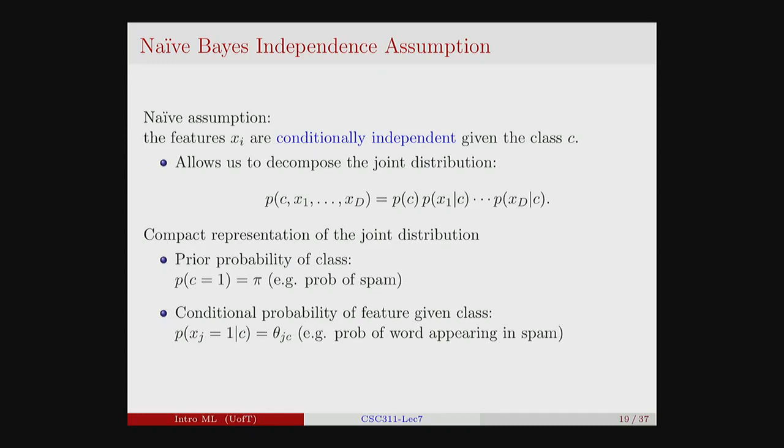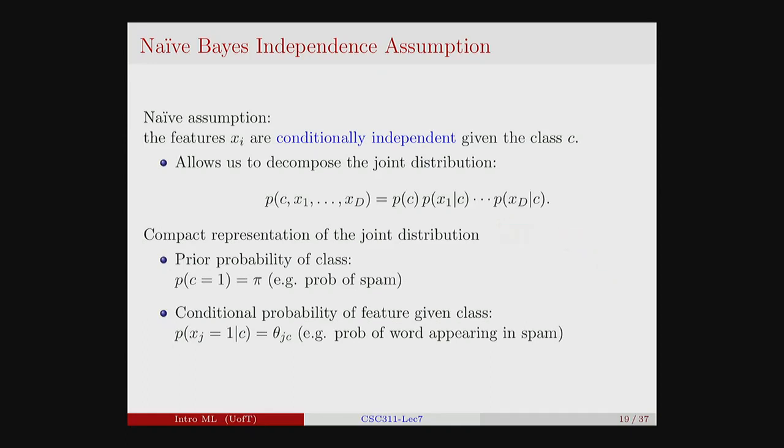But because we've made this assumption, on the right-hand side we can factorize it. And on the right-hand side, we need exactly 2d plus 1 numbers in order to represent the probability distribution over all of the features given the class label and the probability distribution over the class label.